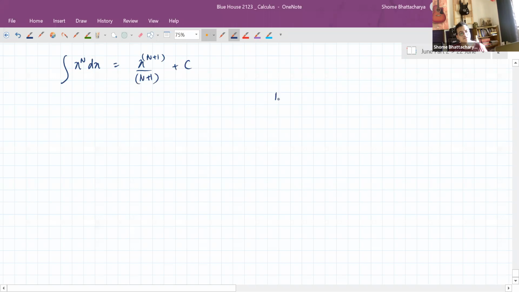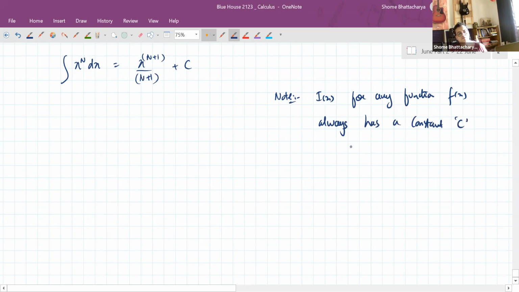So one thing you can understand is that the antiderivative of any function f(x) always has a constant term c, which can have any real value.